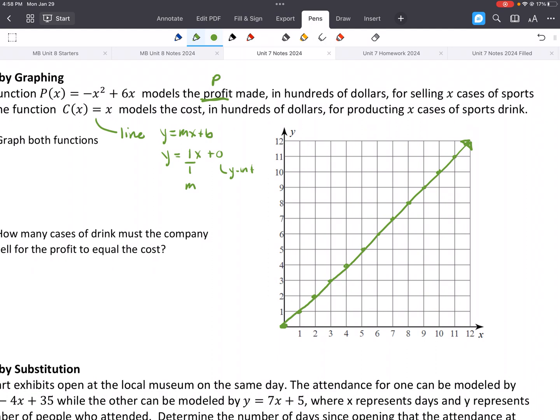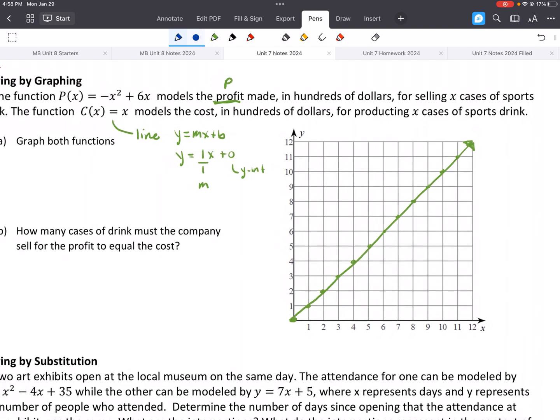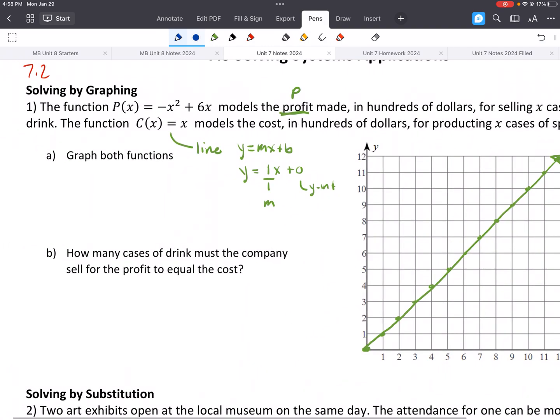Okay, our second equation is the quadratic. Again, you are welcome to use your graphing calculator if you'd like. We could type it into the graphing calculator, come up with the vertex, plot that vertex, and then use the growth pattern. I'm just going to do it by hand. If you're trying to find the vertex, it's an x and a y.